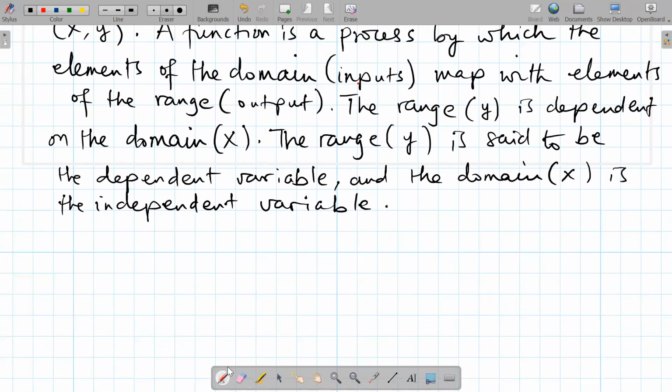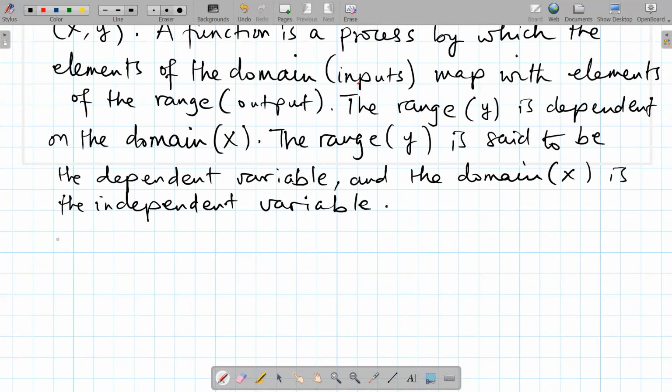Now, this process that links or associates the domain to the range, or that maps the elements of the domain to those of the range, can be denoted by letters.